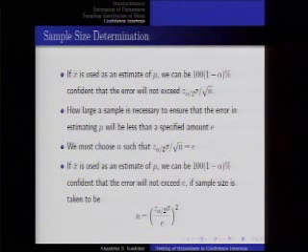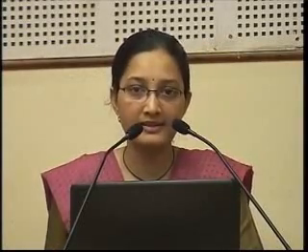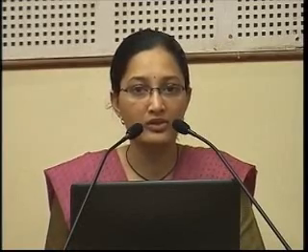Reverting the formula of the confidence interval that we have, we would get n to be z alpha by 2 sigma upon E whole square. So if my sample size n is computed using this formula, or if it is greater than this n, then I can be 100 into 1 minus alpha % sure that the error won't exceed E, the error in estimating my population mean using the sample mean.